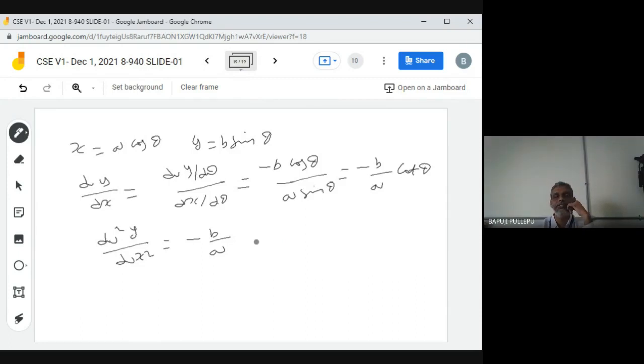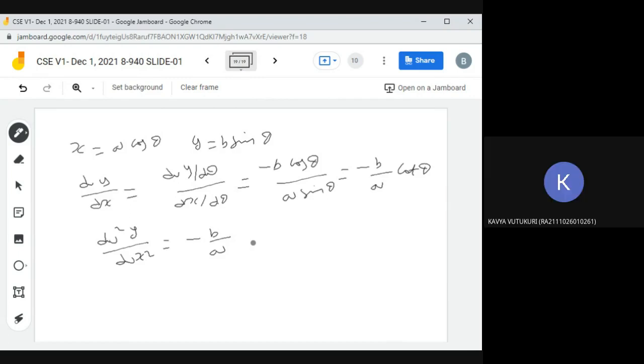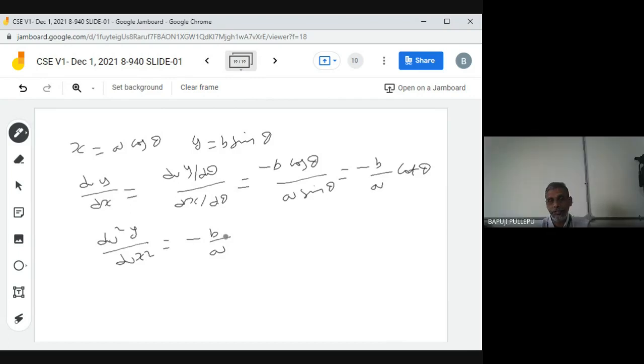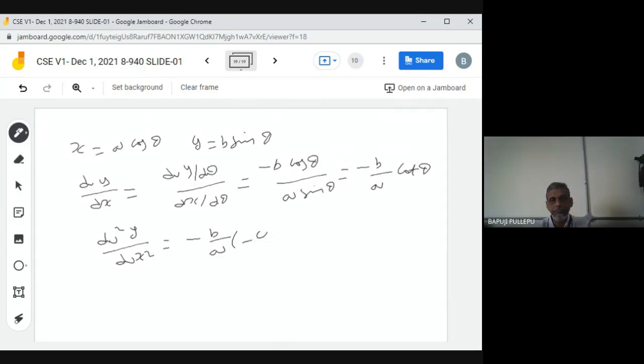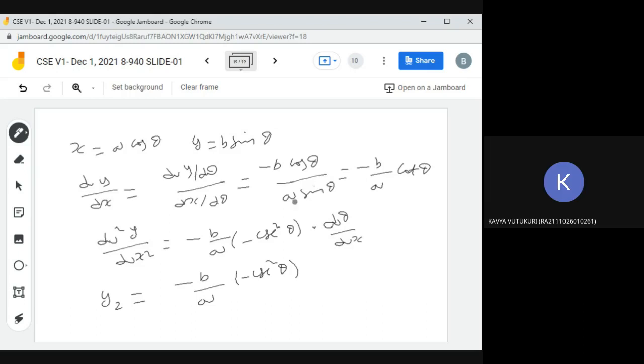Cot theta differentiation is what, sir? Minus cosecant squared theta, into what you will get? d theta by dx. Very good, that is important. Into our dx by d theta, which is minus a sin theta.